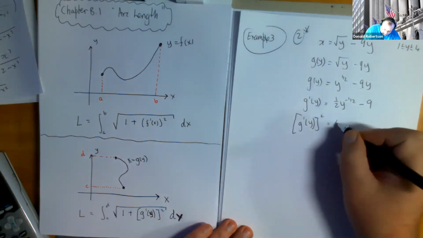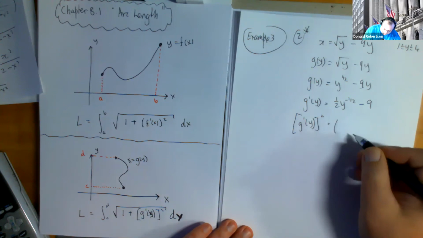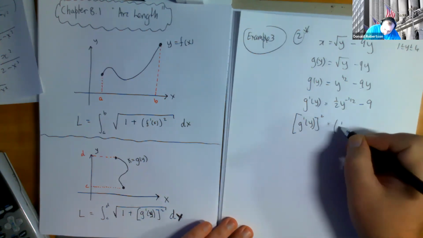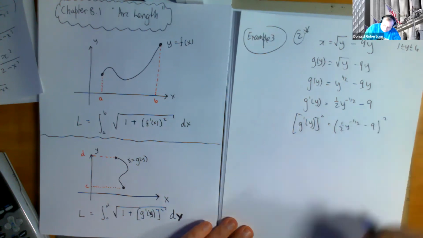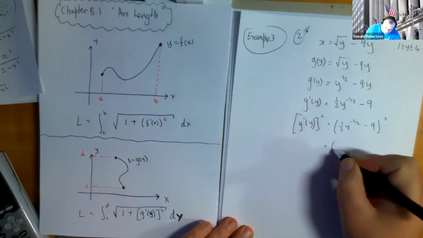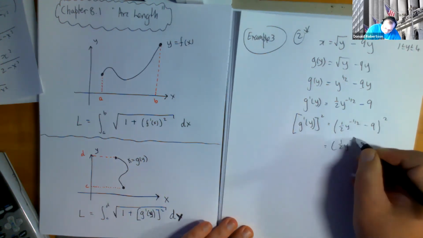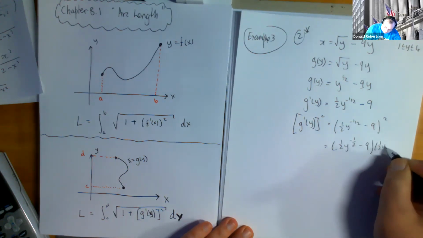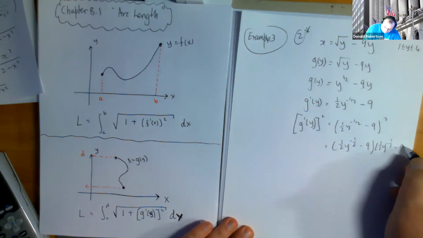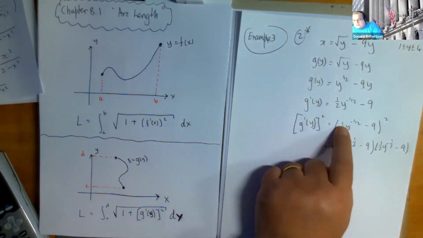Now, if you take this derivative and you square it, and I'm taking this kind of slowly because there's some weird stuff going on. If you're wondering why I didn't call that 1 over 2 square root of y, I could have.